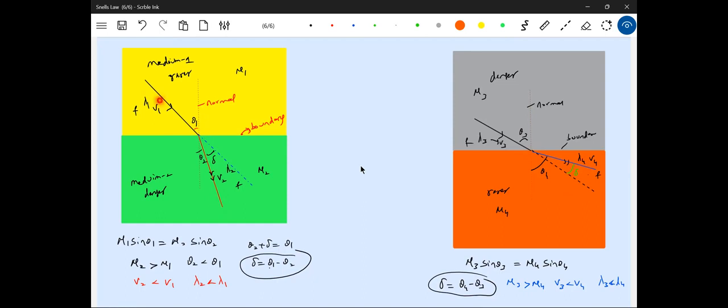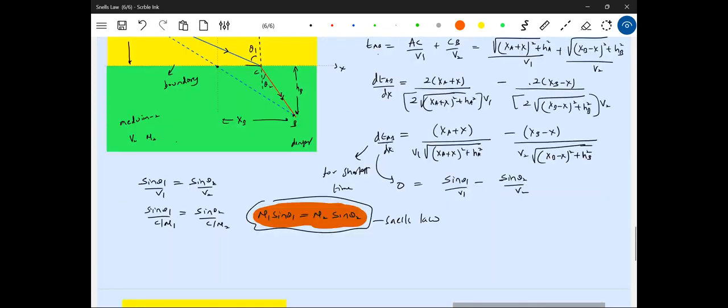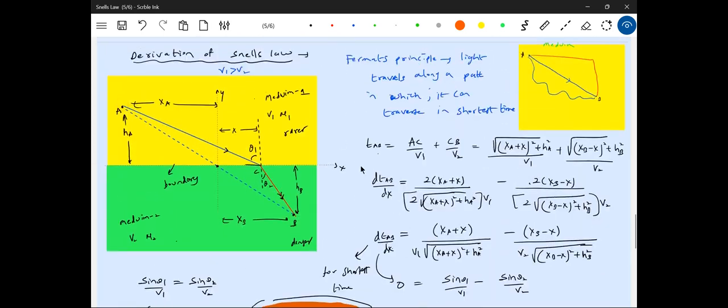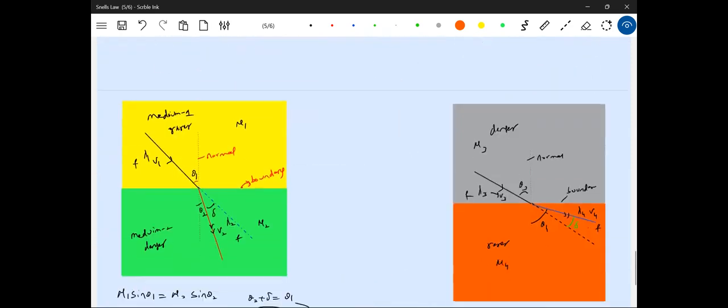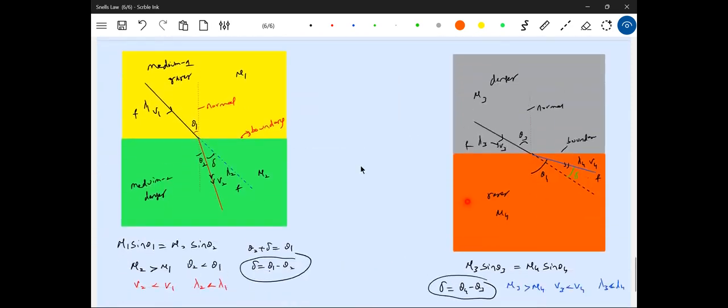It will move more in the rare medium than in the denser medium. To move between 2 points, if a medium is encountered, the light wants to propagate from A to B, then it will prefer a path so that it can traverse in the shortest time. So therefore it has to propagate more in the rare medium than the denser medium. Based on this, Snell's law is derived, based on Fermat's principle. That I'm just explaining through the diagrams here.